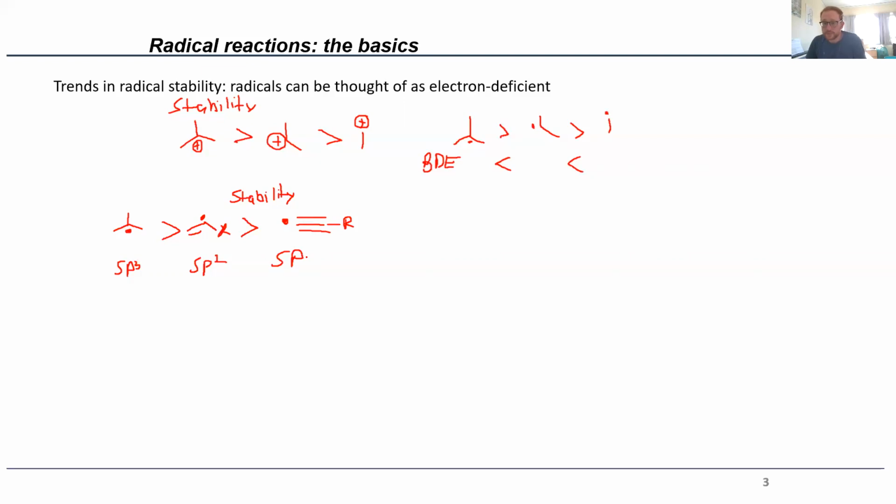The one difference, I would say, from carbocation stability is that radicals are always stabilized by resonance. And so in the case of electron withdrawing groups, we know that carbocations next to electron withdrawing groups are very unstable.